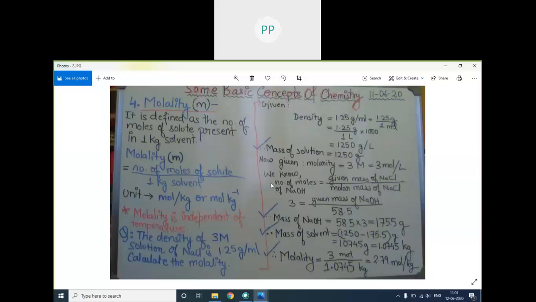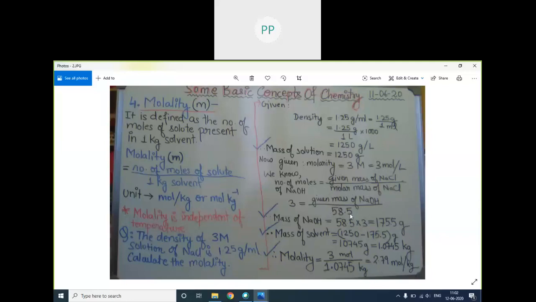Here the number of moles is given. How many moles? 3. 3 molar means 3 moles are present per liter of solution. So the number of moles is given, the given mass of NaCl is not given, so I am writing it like that only. But we know the molar mass of NaCl. It will come 23 plus 35.5, in total 58.5.